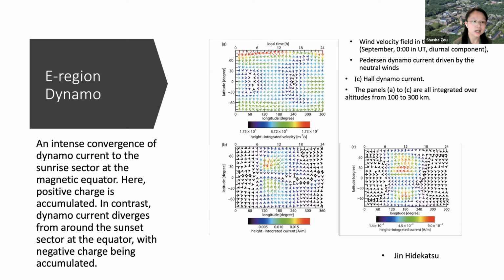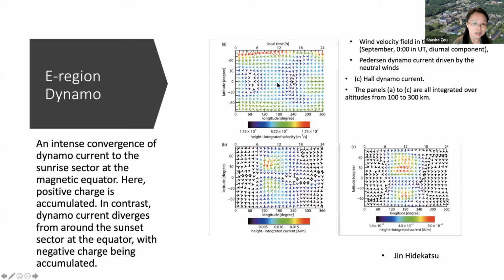The reason is the electrons can be considered as magnetized plasma, so they don't move across the magnetic field above 75 kilometers. So in many of those regions that we are considering, the electrons are bound to the magnetic field. They don't move across the magnetic field, but the ions can. The ions collide frequently with the neutrals. So if those neutrals move around, they move the ions around.